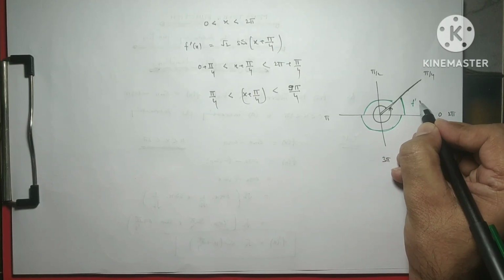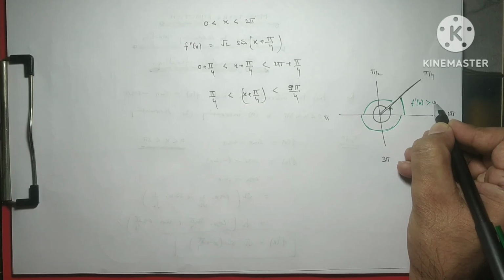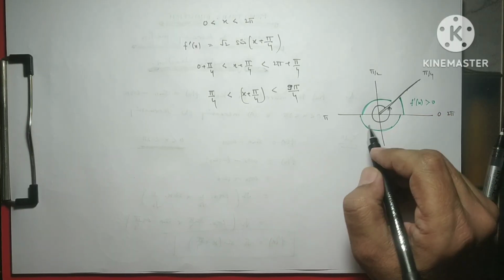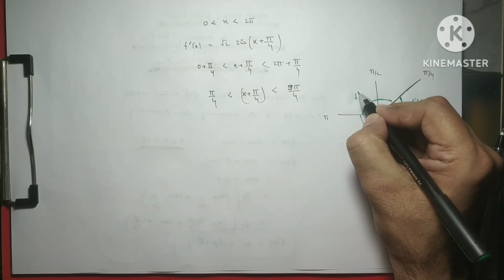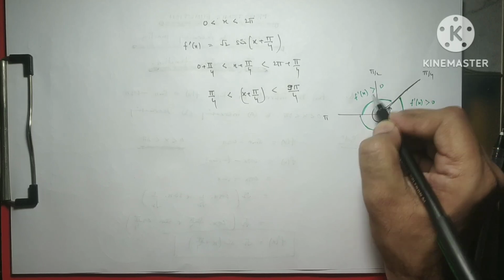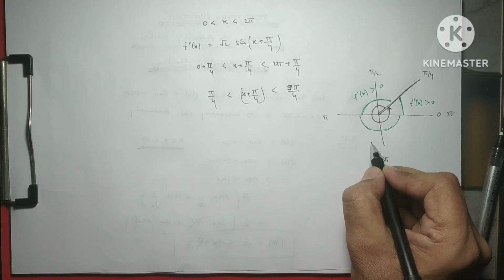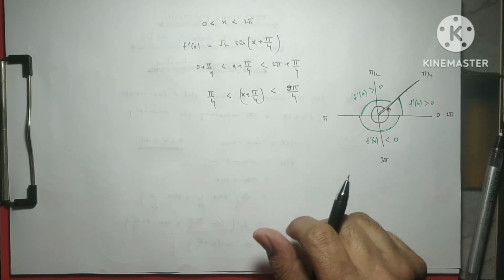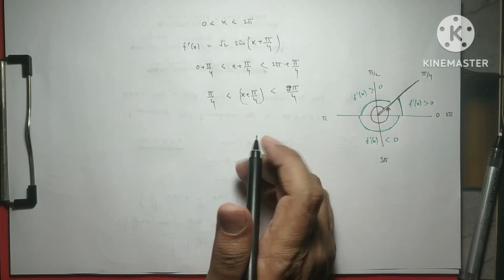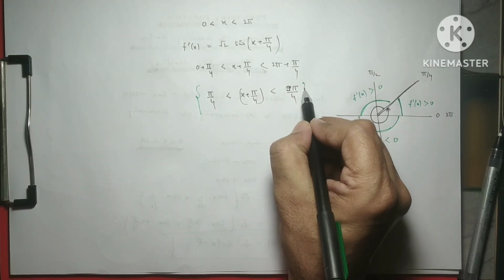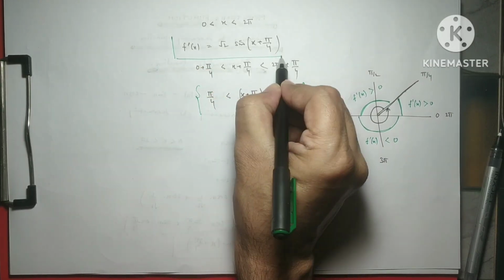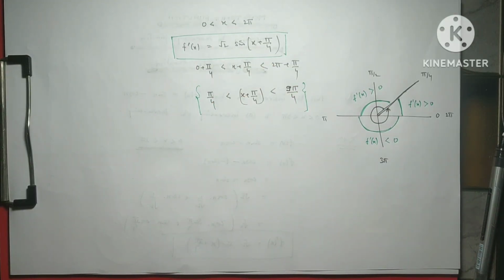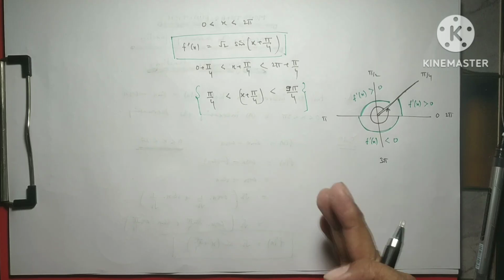So for this f dash x is greater than 0, because this is the sine function, and again here it is positive, f dash x is greater than 0, but for this range f dash x is less than 0, or you can say negative. So according to this first derivative, first we will collect the increasing interval and then the decreasing interval.